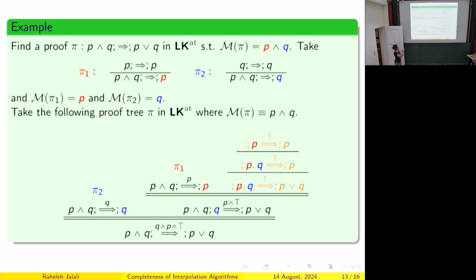I find a proof of A implies each conjunct such that the interpolant is exactly that conjunct. For instance, for this conjunct, I provide a proof of P and Q double arrow P. Let's call it pi 1, and the interpolant of this pi 1 is P. Similarly for Q.